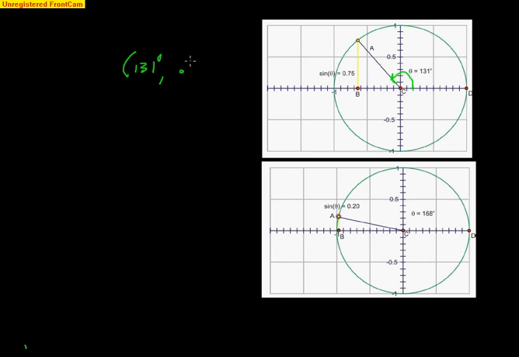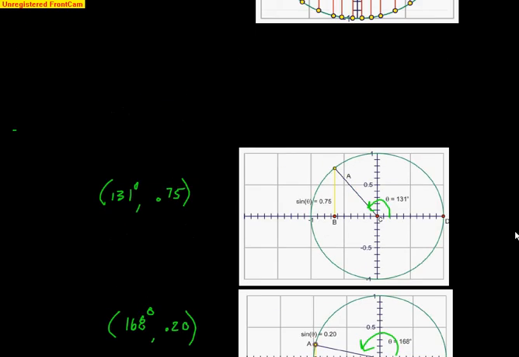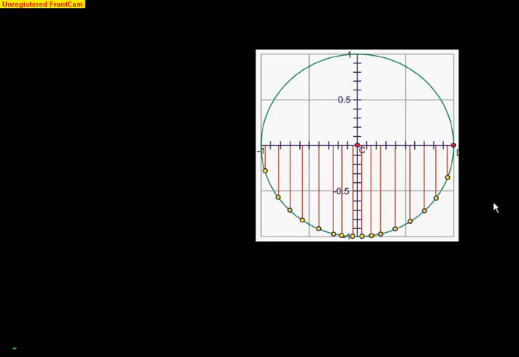It'd be 0.75. As we rotate even more, here's 168 degrees. So as we rotate 168 degrees, our sine value is 0.20. So we're continuing to rotate around the unit circle, and we're just analyzing what the sine function is doing as the angle gets bigger.